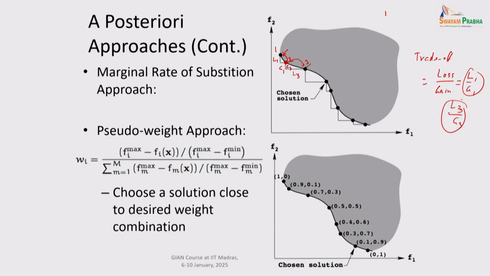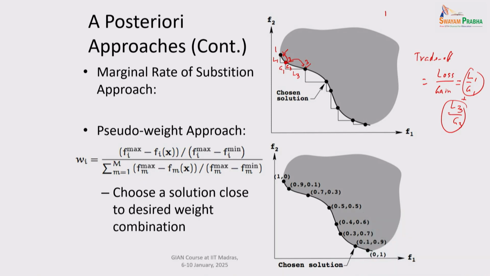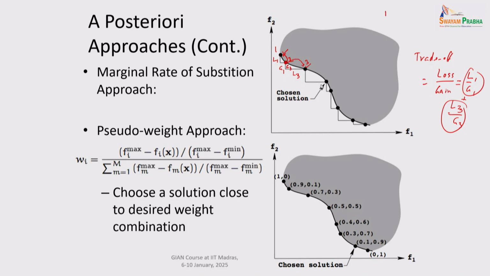So I can take an average. I can sum them and divide by 2. So on average, I will be losing this much per unit gain, right? And this slope basically depends on where you are on the Pareto set. If you are taking some other point like this point, it will be a different average L by G ratio.